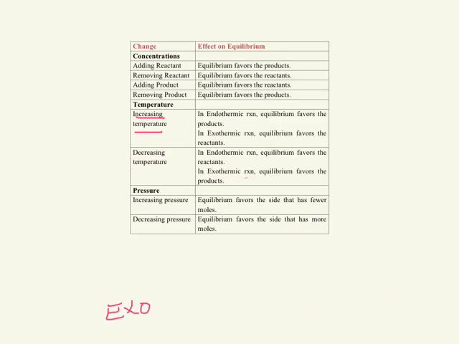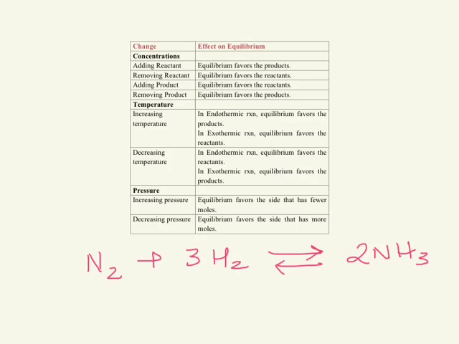This is the effect of temperature. Keep in mind, for this you need to know first whether it's an exothermic or an endothermic reaction. The last one is, how does the pressure affect the equilibrium? So I'm going to take this example: N2 plus 3H2 gives 2NH3.